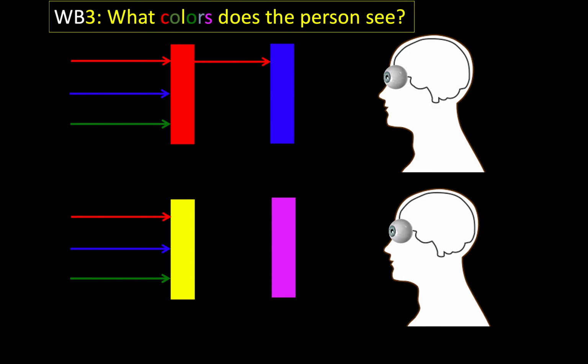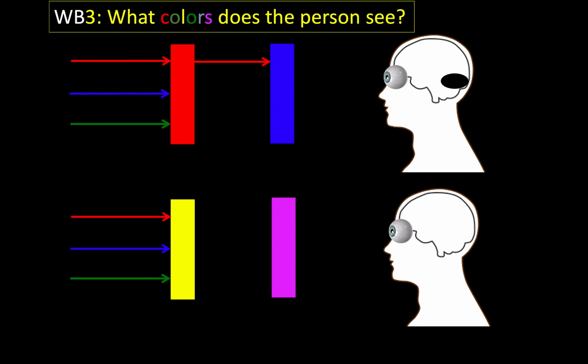But the blue filter, it would be blue because it absorbs red and green and lets blue pass. In this case, there is no blue to pass through. There's only red light incident on the blue filter, so the red light gets absorbed, and the person's brain sees no light and says it's black.